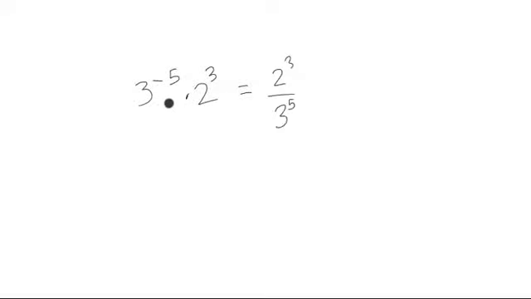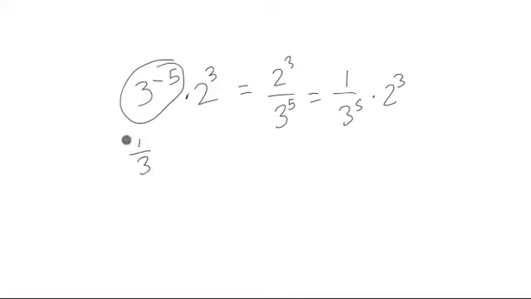Because remember, this is the same thing as 1 over 3 to the 5th times 2 cubed. We can move the 2 cubed to the outside right here. And so we're taking 1 over 3 to the 5th of this. Why? Because this is the same thing as dividing by 3 5 times, or just multiplying by a third 5 times. So 1/3 to the 5th times 2 cubed.